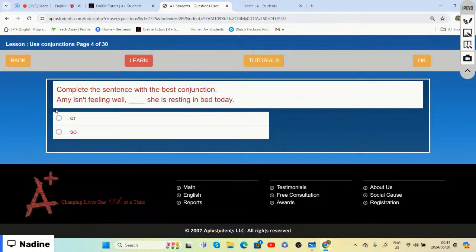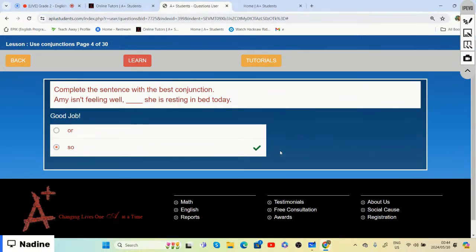And if we choose the correct one, we can say Amy isn't feeling well, so she's resting in bed. Meaning she's resting in bed because she's not feeling well, right? Something happens because of something else. So well done, guys.